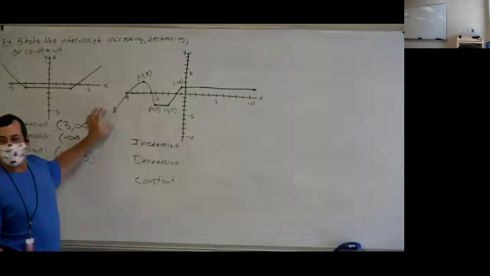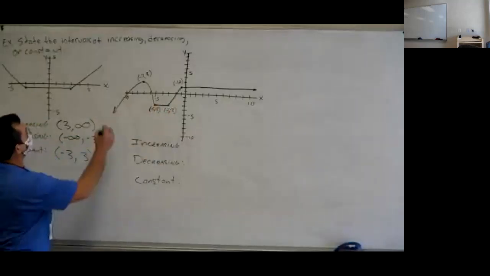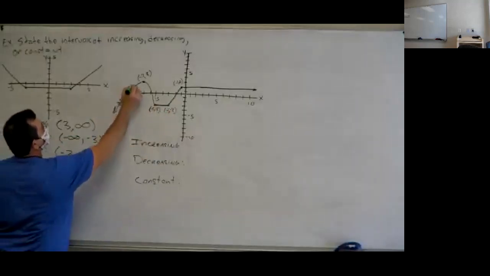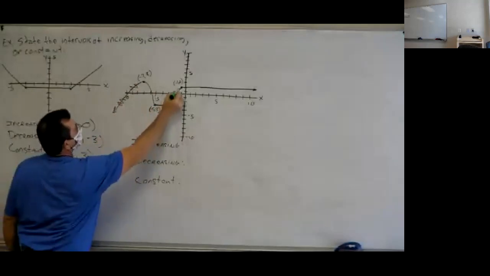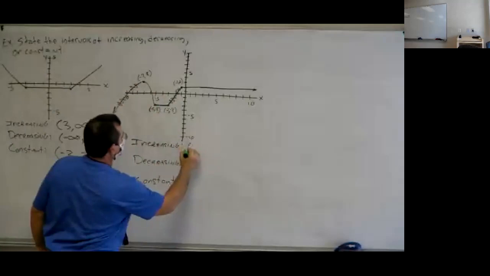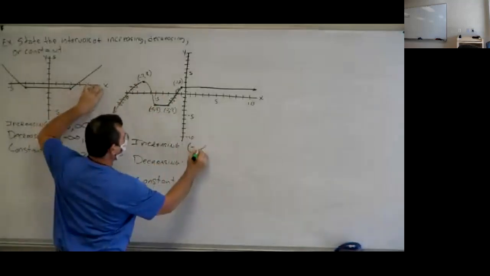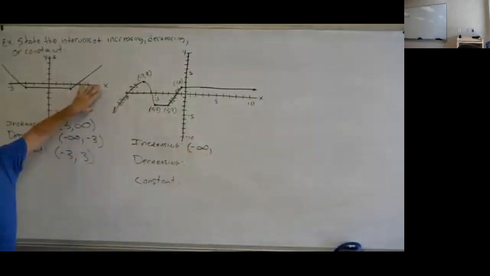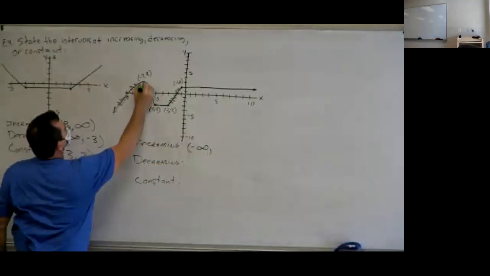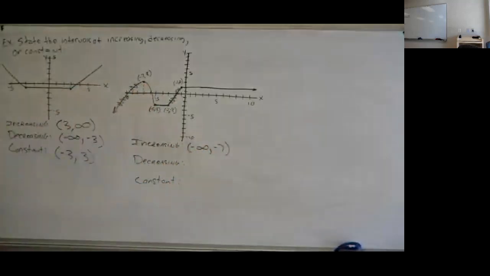Although they got this arrow going to the left, it doesn't matter, we're still going to read it left and right. So this section right here is increasing, and this section right here is increasing. So let me get the first one. This first section starts at negative infinity, and it's increasing until you hit the x value of -7. Okay, good job.